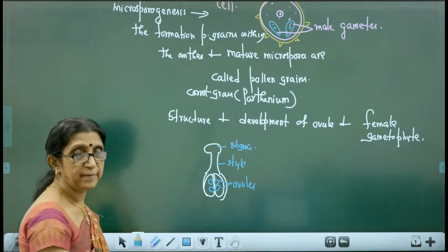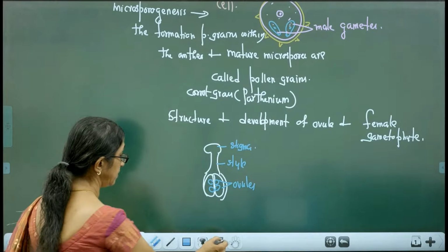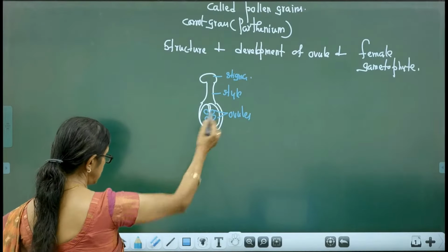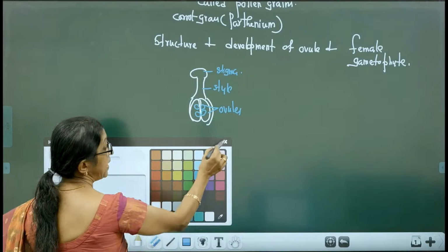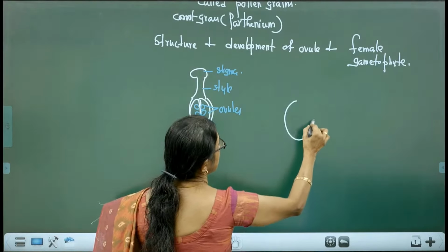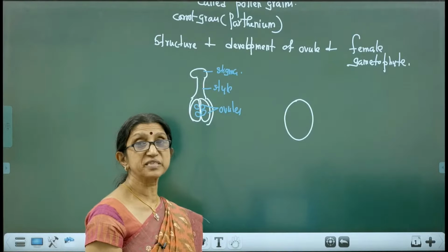Now let us see the structure of the ovule. A typical ovule has got a massive tissue in the center, and that is called a nucellus.